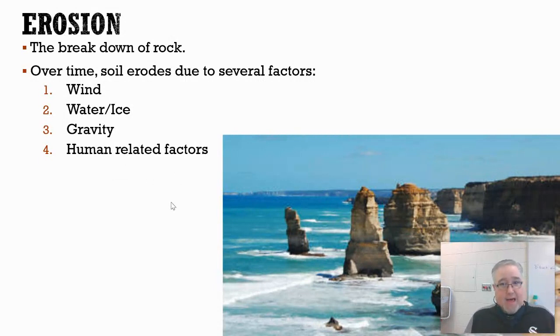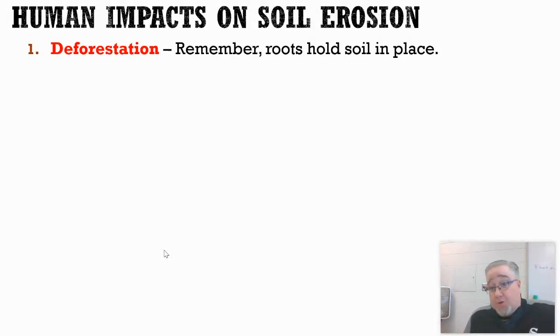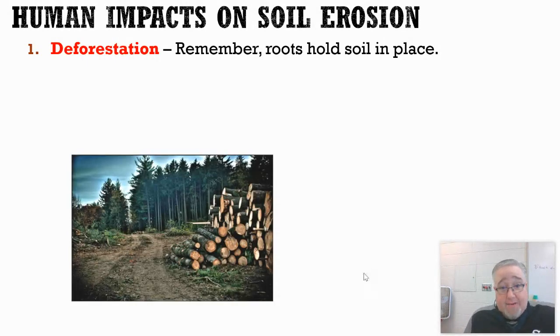This class is a lot about human impact, right? So let's talk about some things that humans do to kind of cause the erosion of rock, kind of force rock to move from one area to the next. All right, so the first one is kind of an obvious one, I think. It's deforestation.